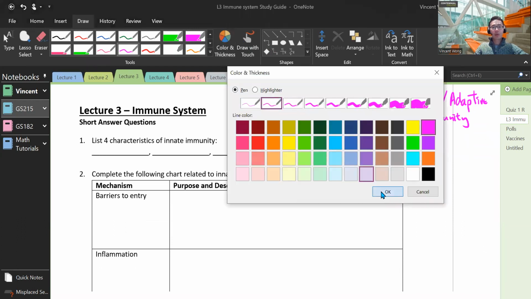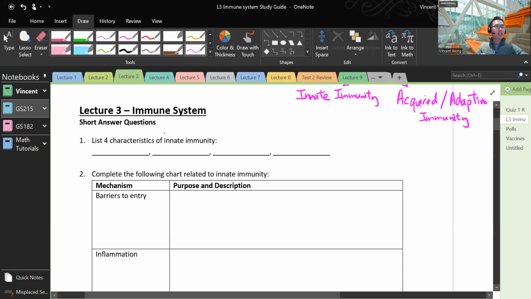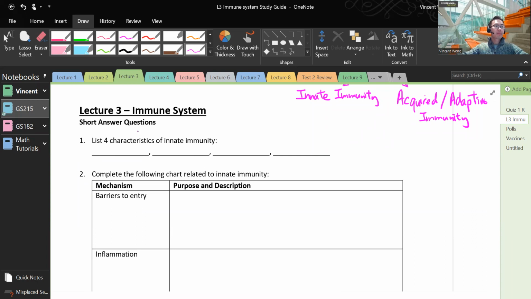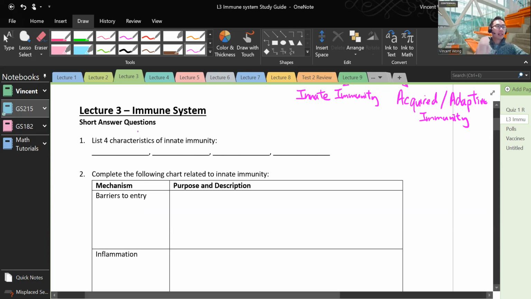How would you characterize innate immunity? Barriers to entry would be an example of innate immunity. Yeah, but looking for characteristics, things that we can use to describe the nature of innate immunity. Maybe I'll do this one, and then, once you guys are all warmed up, we will come back to this.